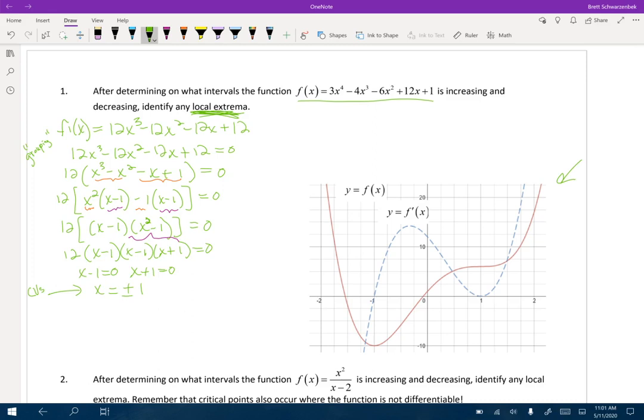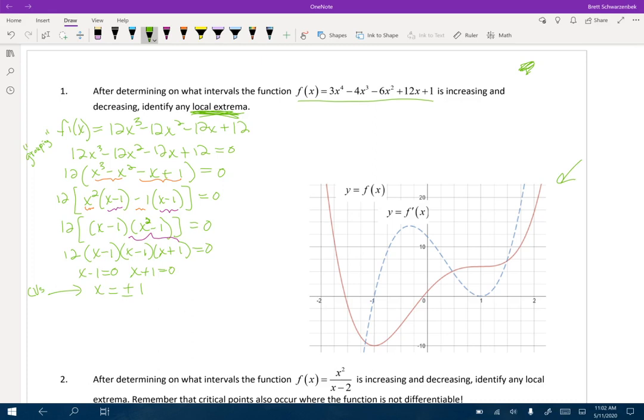Okay, so let's pause for a second. If you recall in section 4.1, when we did absolute extrema, we also identified possible values, but those possible values didn't only include critical points, they also included the endpoints, right? So we had multiple values for which we did x, y charts.